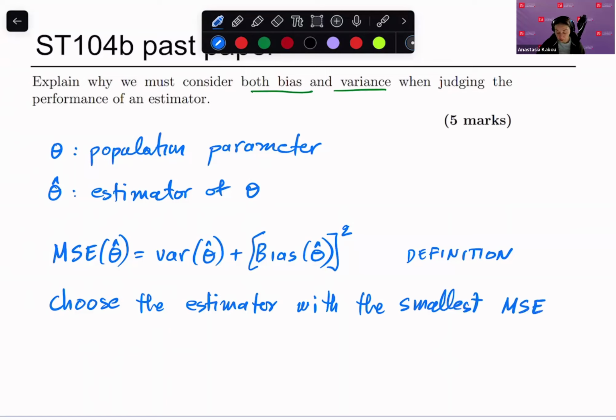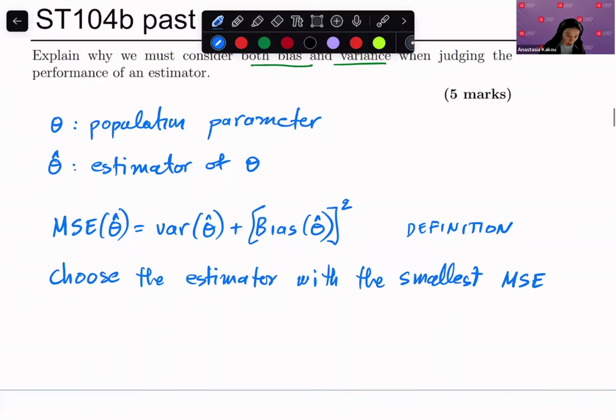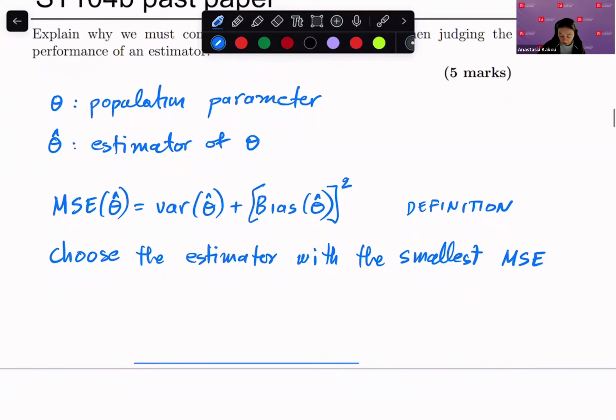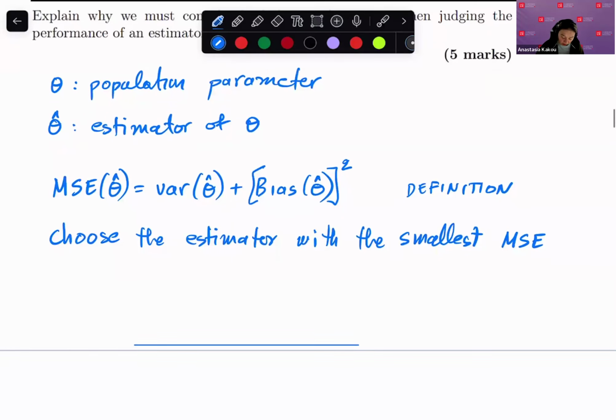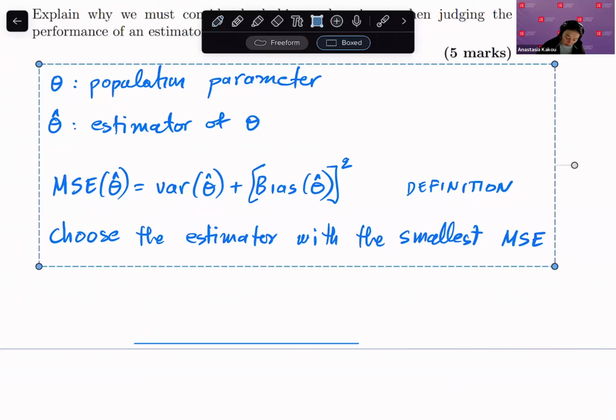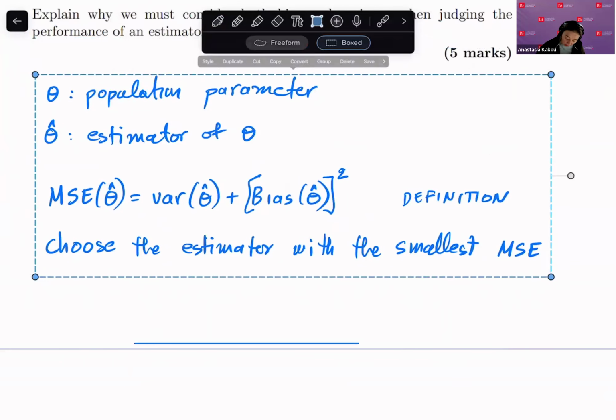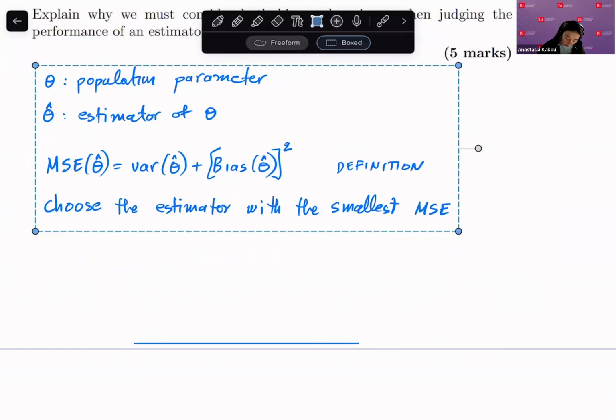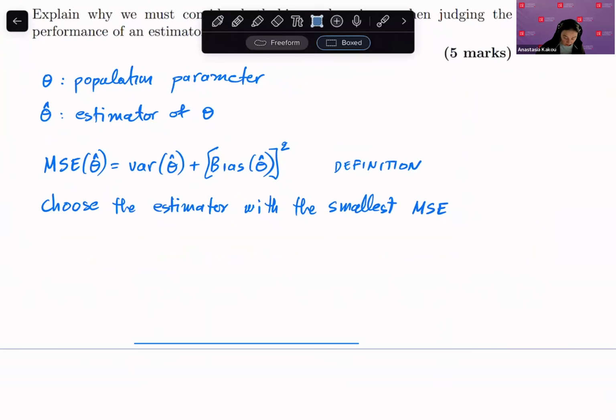The mean square error combines the bias and the variance, and this is why we are using it. And if you wanted to, just to give you a bit of an edge, you can use an example to show why this is the case. So let me just move that slightly higher, so that I can draw an example.